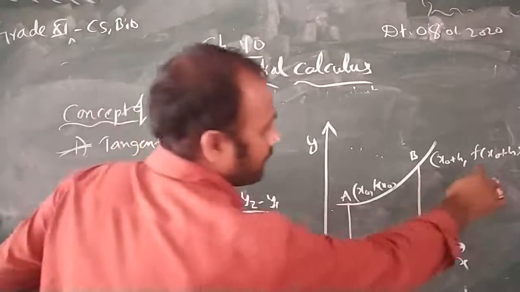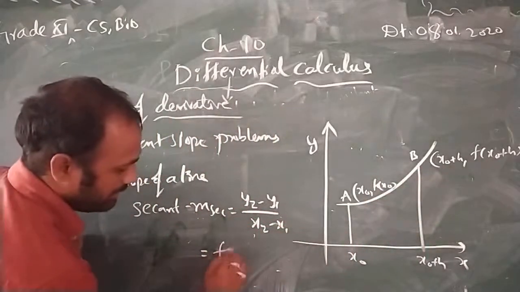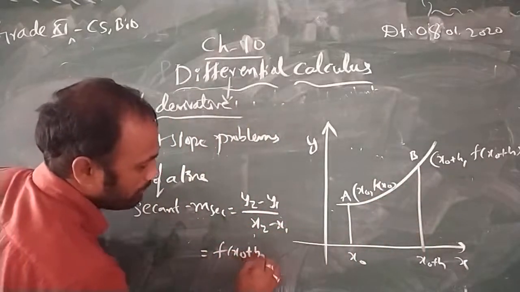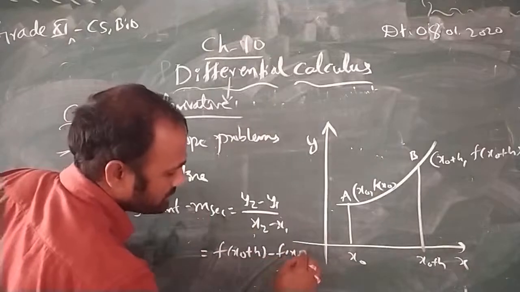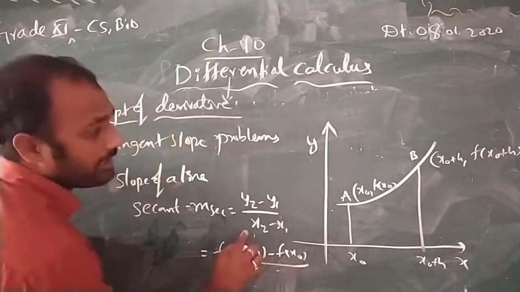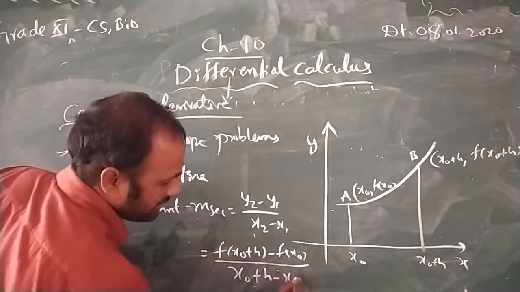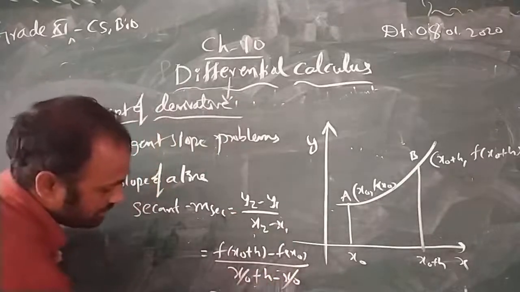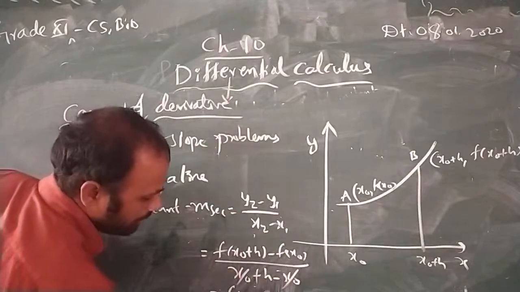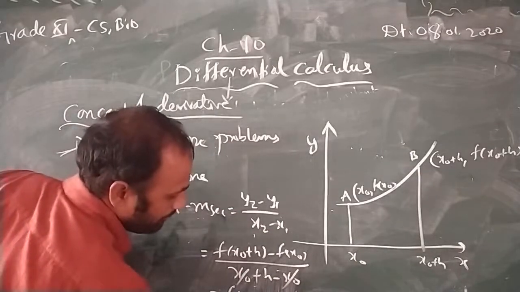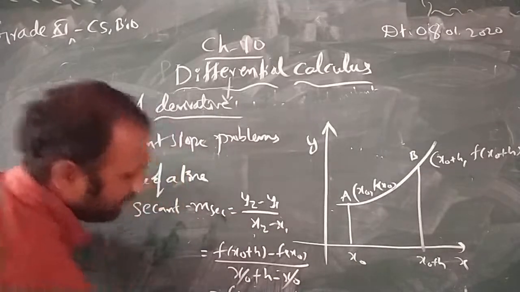The difference of the y coordinates is f of x0 plus h minus f of x0, divided by x0 plus h minus x0. The x0 gets cancelled, so the formula is f of x0 plus h minus f of x0 divided by h.